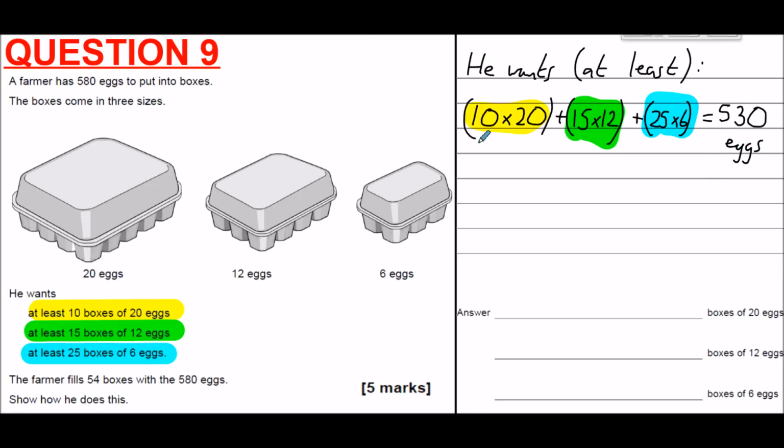And so that's using 10 boxes of 20, 15 boxes of 12, 25 boxes of 6. But it's saying here that he fills 54 boxes with 80 eggs. So let's see how many boxes we've got so far.